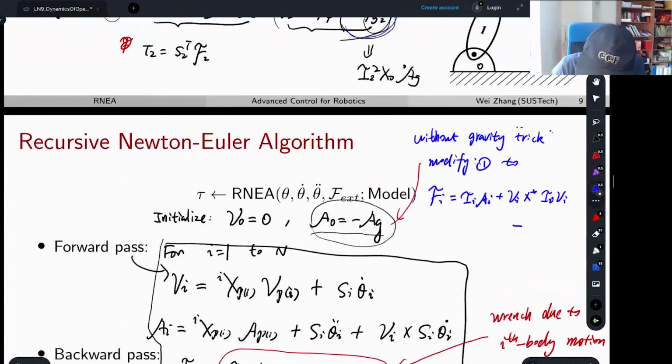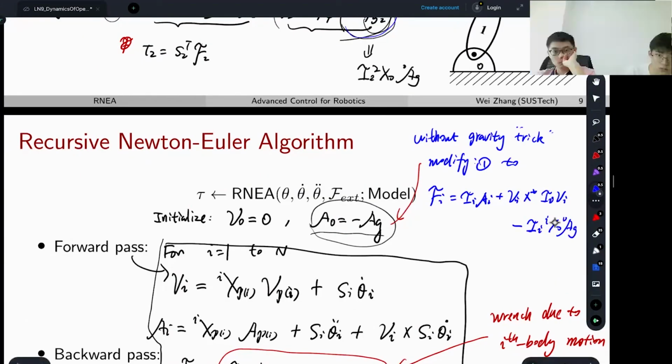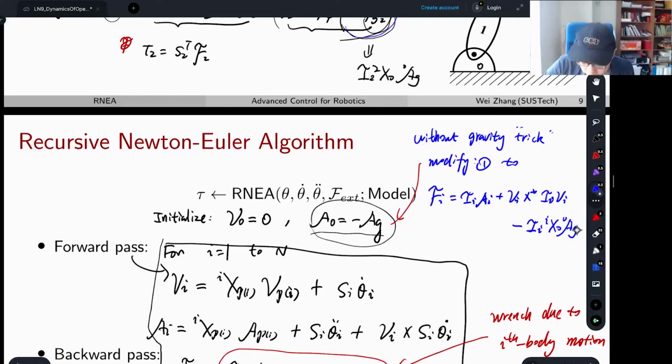So it's minus that force, X_0i A_G0. Why not directly find A_Gi? Because A_G0 you can immediately construct, then depending on your frame, you can compute A_Gi by doing the change of coordinates for spatial acceleration.